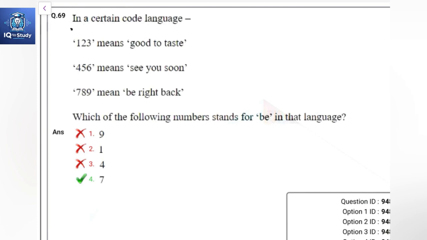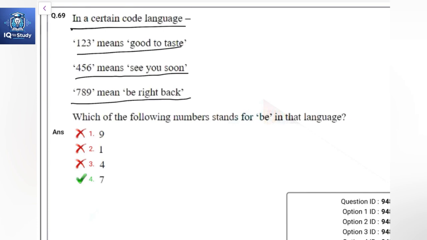In a certain code language, 1, 2, 3 means good to taste, 4, 5, 6 means see you soon, 7, 8, 9 means be right back. Which of the following numbers stands for be in that language? Let's simplify this. The common terms in first and second lines is nothing. Let's consider first and third. They are also not common.